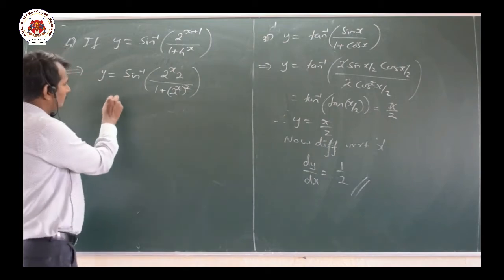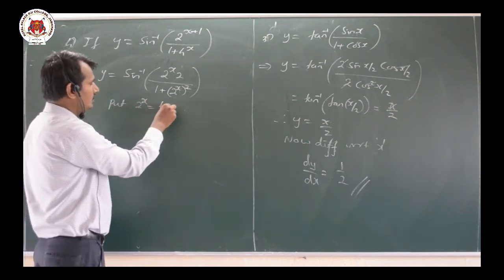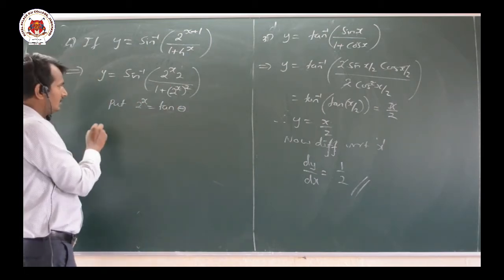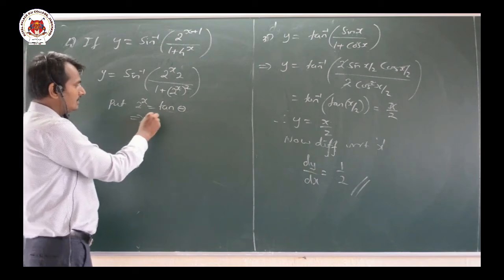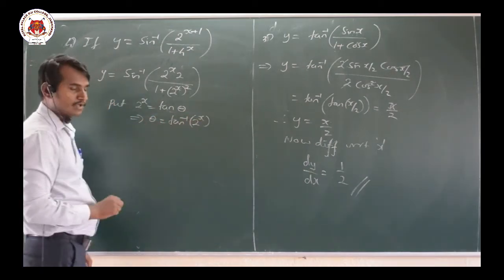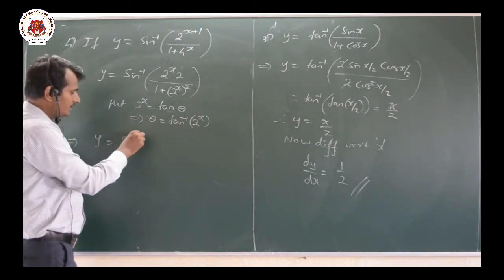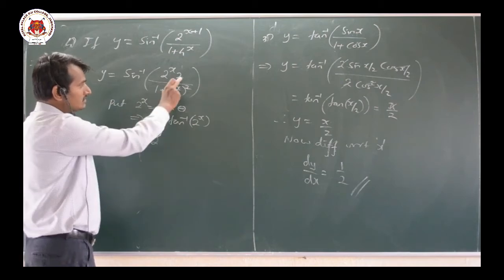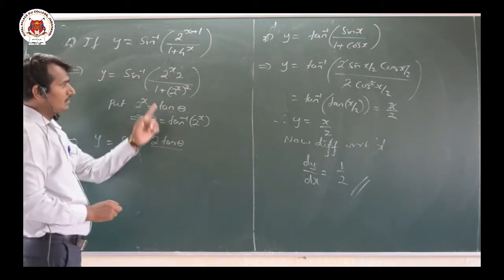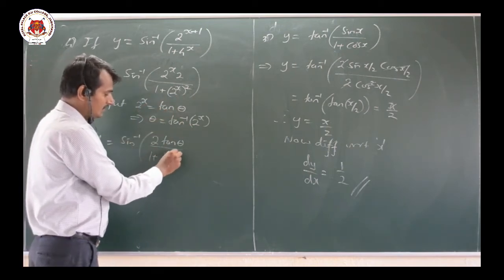Now I have to substitute 2 raised to x equal to tan theta. If I substitute, that implies theta is equal to tan inverse of 2 raised to x. Now y equals sine inverse of 2 tan theta divided by 1 plus tan square theta.